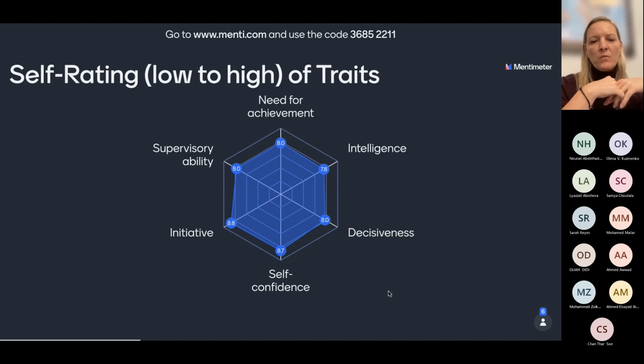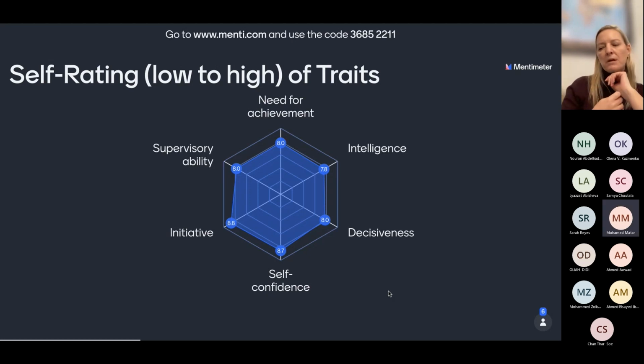And we may have some blind spots. So if we are very confident, but we feel like we're not intelligent, that could show up in our negative leadership, because we might try to overcompensate and be more powerful.